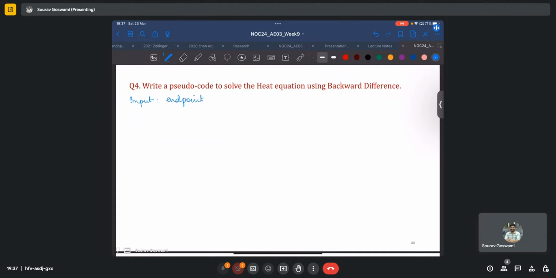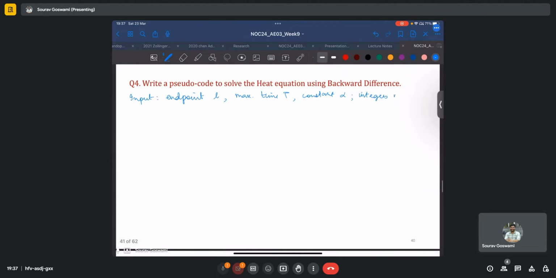So we have only one endpoint, L, the maximum time T, the constant alpha, and the integers m greater than or equal to 3 and n greater than or equal to 1.